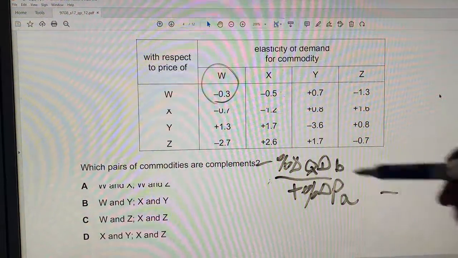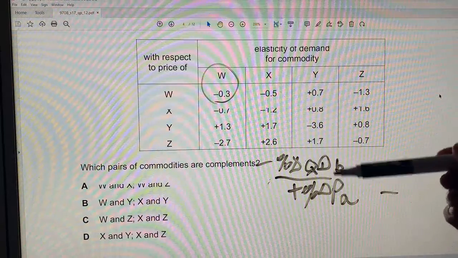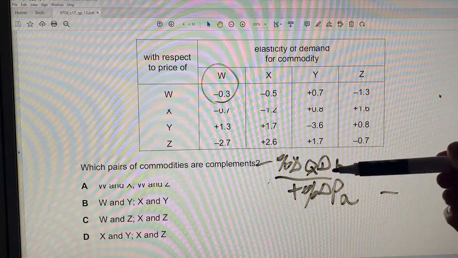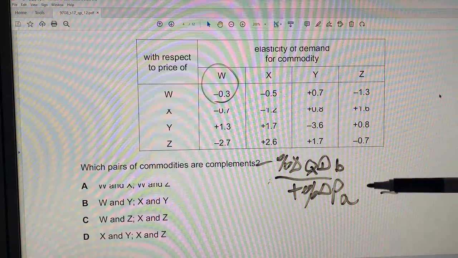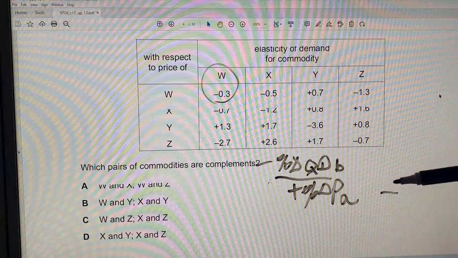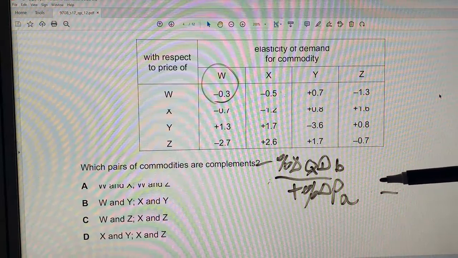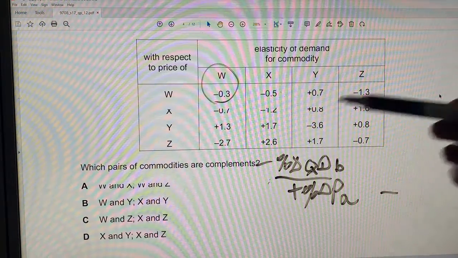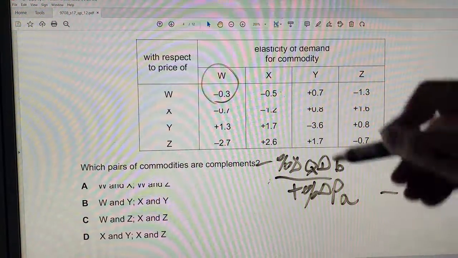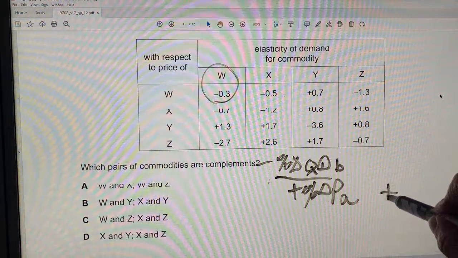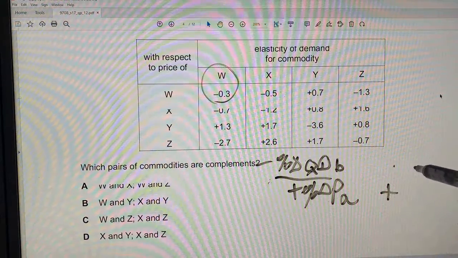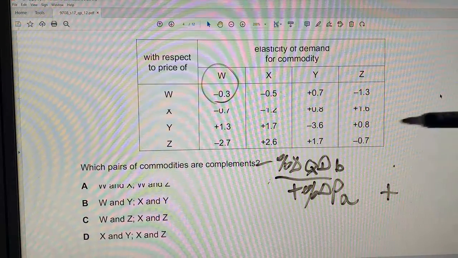So the cross elasticity of demand for complements must be negative. Yeah, because if you had an increase in the price, the demand for the complement would fall.